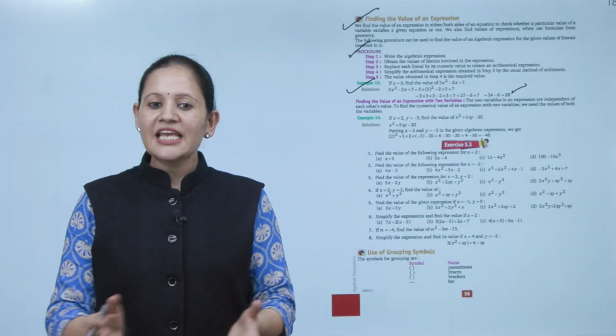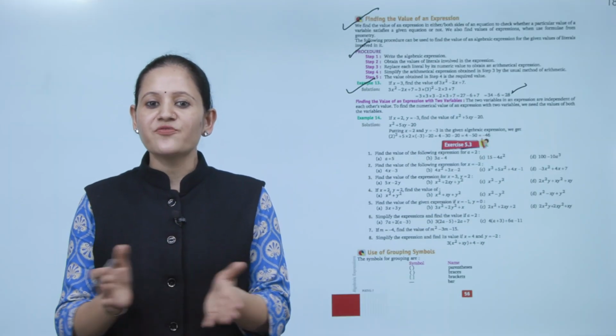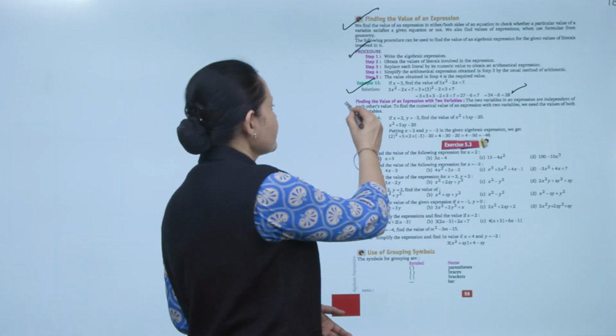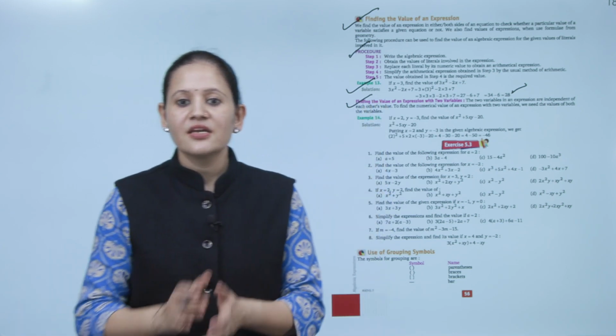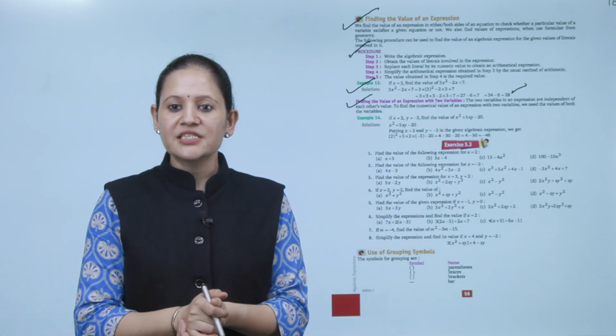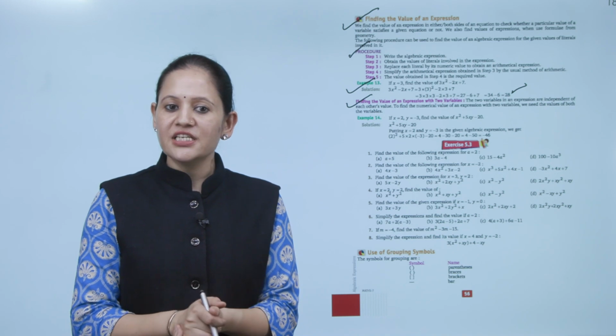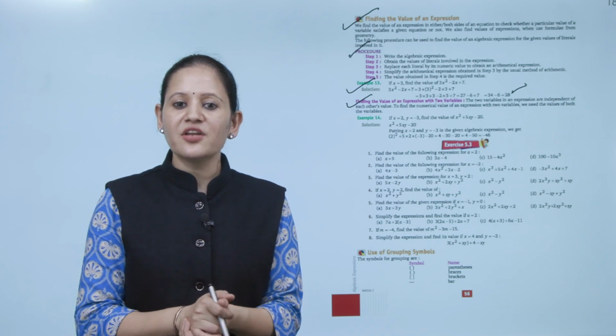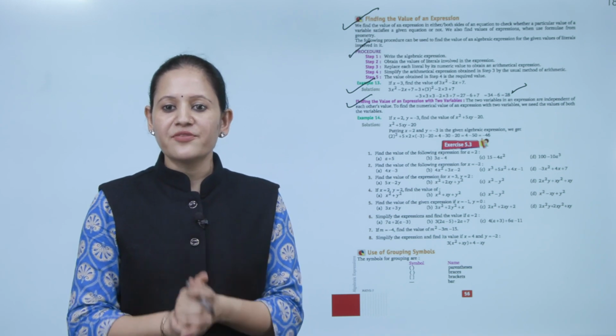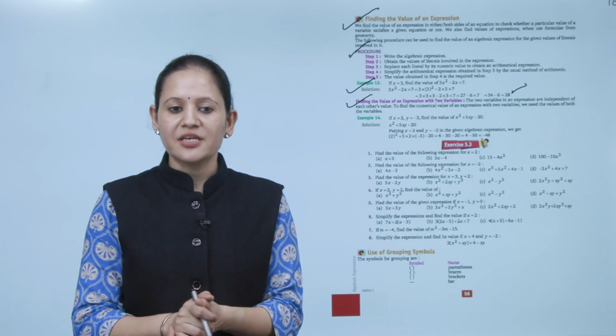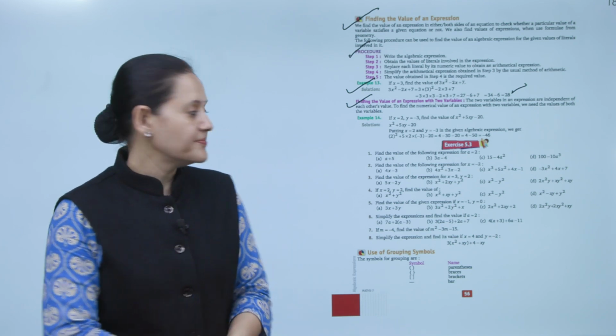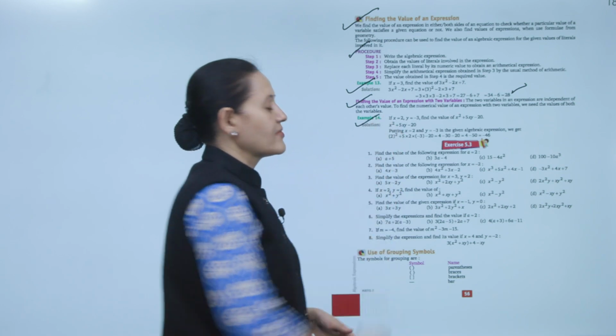Clear? Next is finding the value of an expression with two variables. The two variables in an expression are independent of each other's value. To find the numerical value of an expression with two variables, we need the values of both variables. We'll take an example.